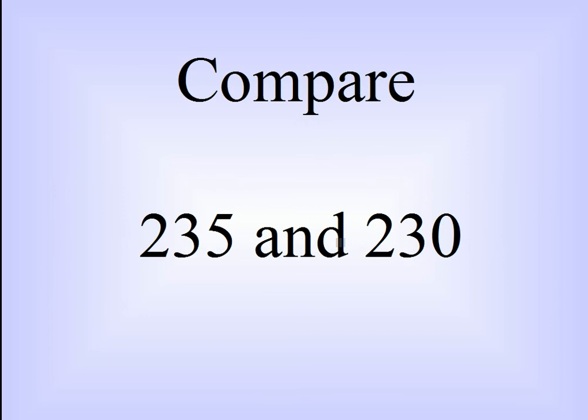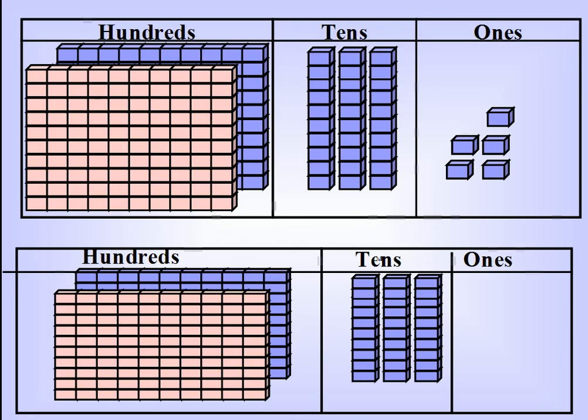All right, so we're going to compare now 235 and 230. All right, now in this case, taking a look at our hundreds, again, starting from the left, well, we have 2 hundreds here, and we have 2 hundreds here. All right, well, now we have to go to the tens places.